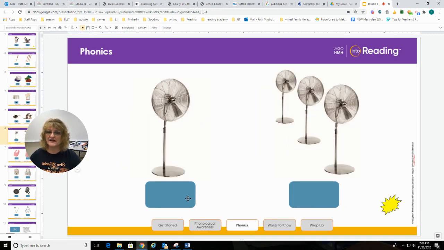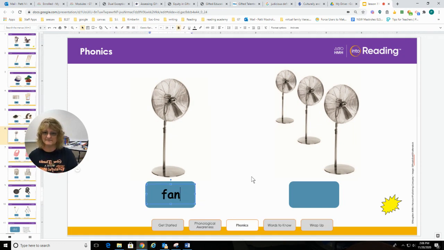Now we're going to look at fans, more than one. So let's look at the word fan. Fan. Now we're going to change it. How are we going to change it? Here's fan. So I want more than one. We add our ending part, which is an S. But this time when I say it, I don't say fans with an S sound.